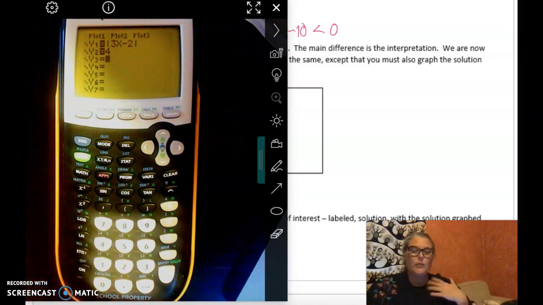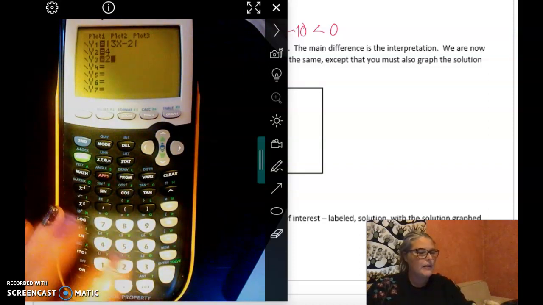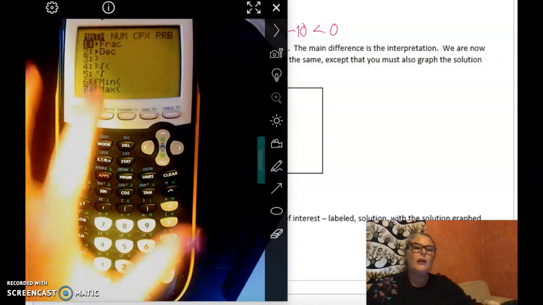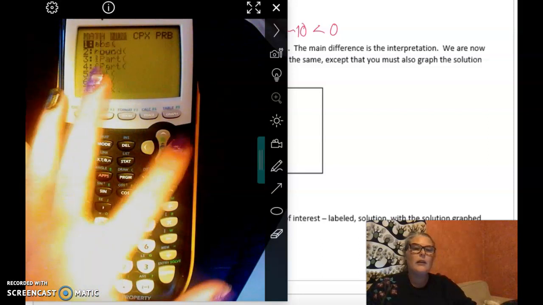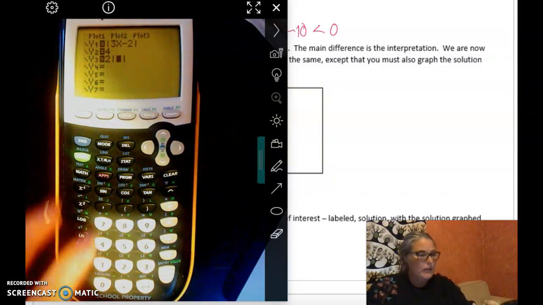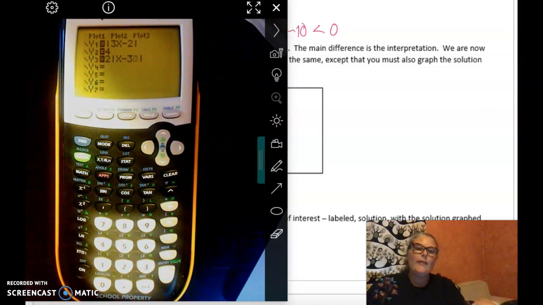So for example, I'm going to show you this because I want to teach you how to deactivate the other functions. So I'm going to do 2 times the absolute value, and remember the absolute value was in math. You got to go to the numeric menu, choice number 1. Then, especially here, it's super important, x minus 3, that you end the parenthesis.